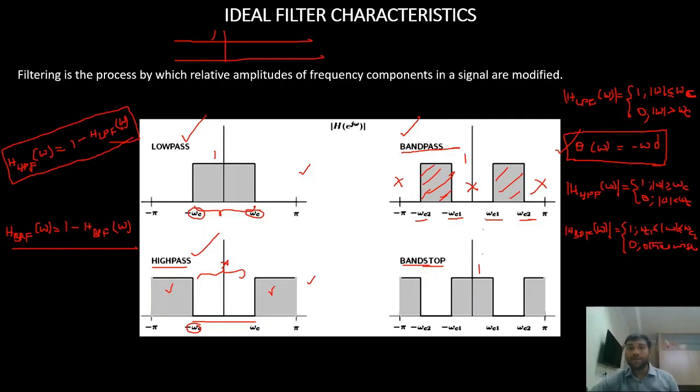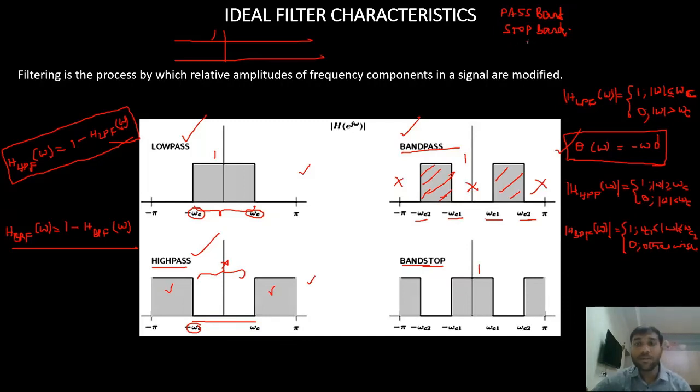Similarly for band stop. So when we talk about filters, we'll talk about two different bands. One is the pass band, and the other one is the stop band. So what is pass band? Pass band means the band of frequencies that are passed through the filter.